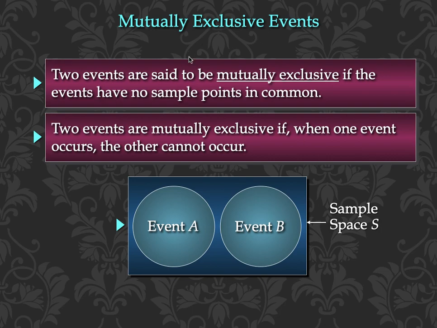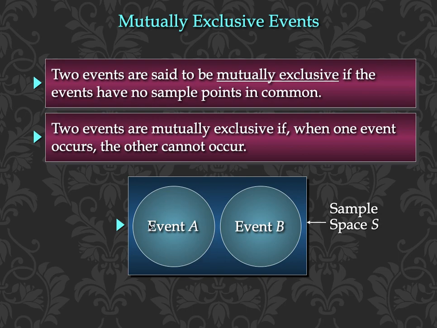So we are going to introduce another concept, which we refer to as mutually exclusive events. Two events are said to be mutually exclusive if the events have no sample points or elements or outcomes in common. The two events are said to be mutually exclusive if when one event occurs, the other cannot occur. So we need to say the two cannot occur at the same time or together.